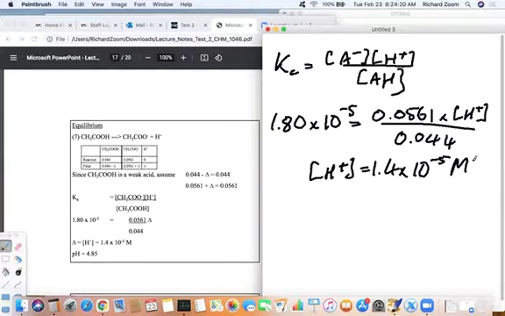In your calculator, it'd be 1.80 times 10 to the negative 5 times 0.044 and then divided by 0.0561, and that should give you your answer. The next thing you would need to do is find the pH. The pH will be the negative log of the hydrogen ion concentration.